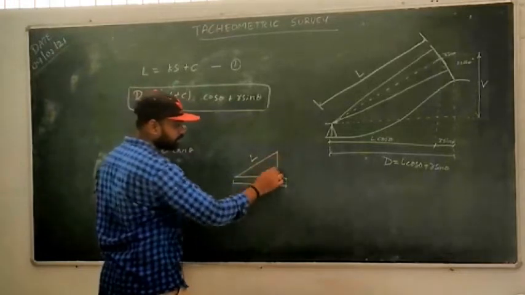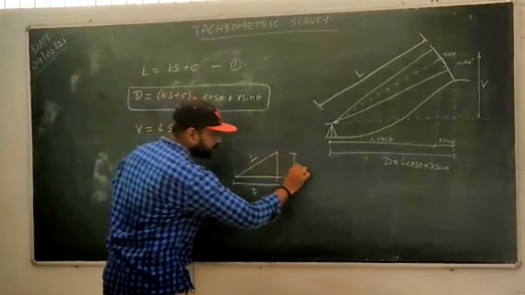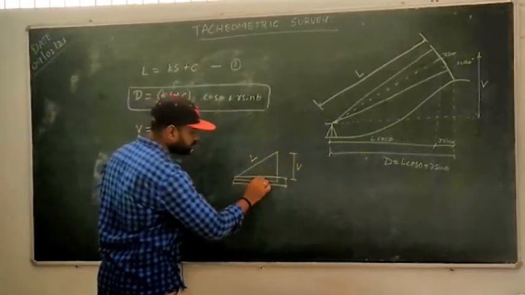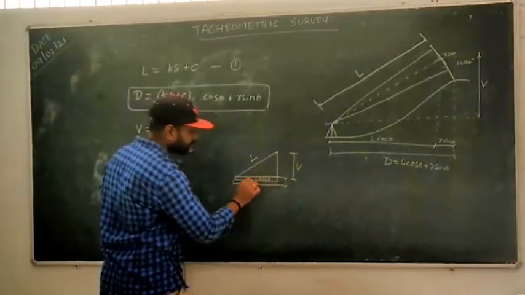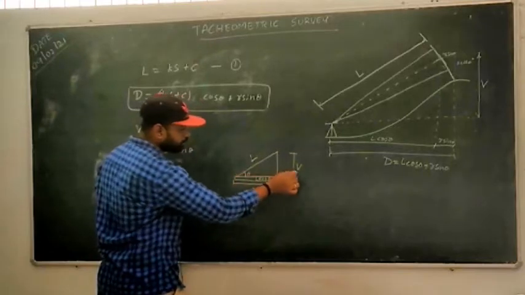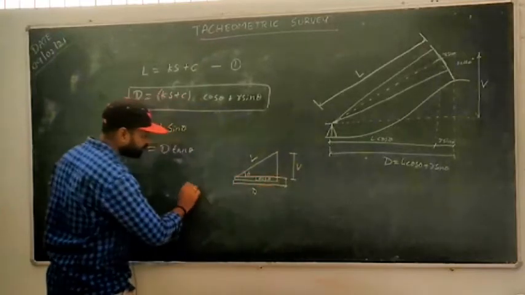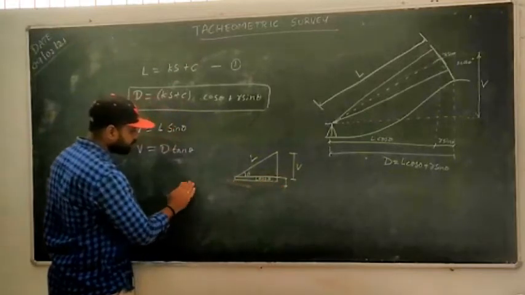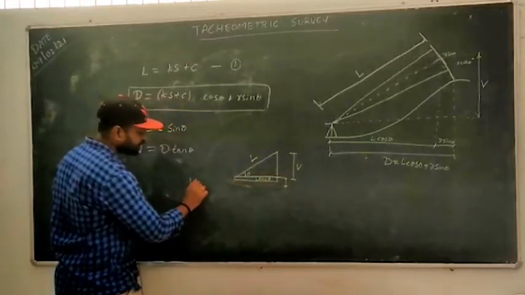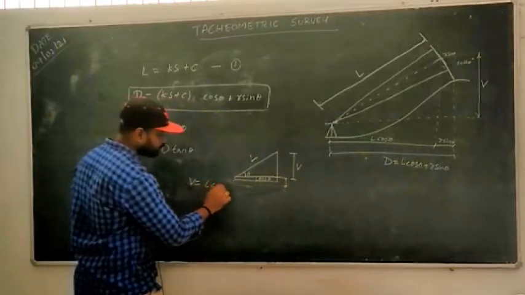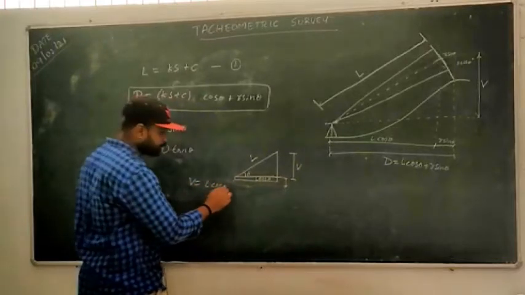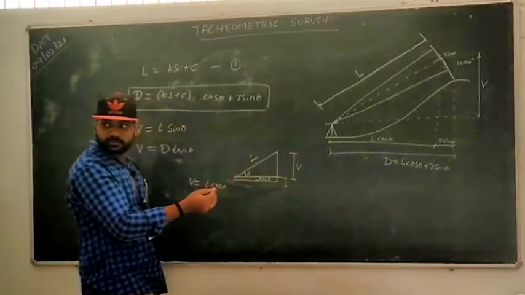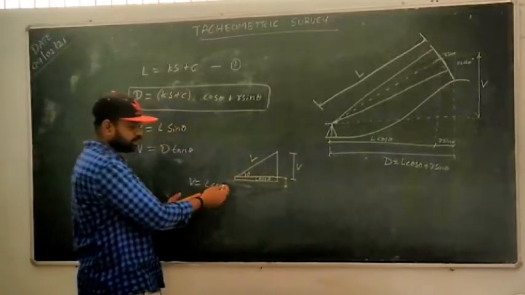If you consider this vertical V, you know this distance, right? This distance is L cos theta, and this is your theta. So if you want V, tell me the equation. I am neglecting D for now. V is equal to L cos theta into, which means D into tan theta, right?